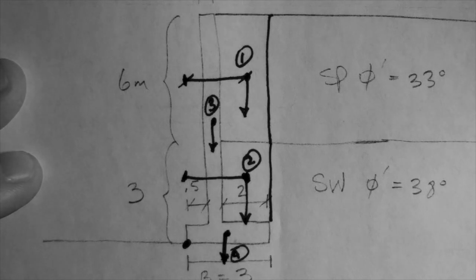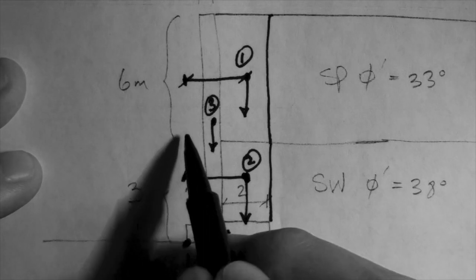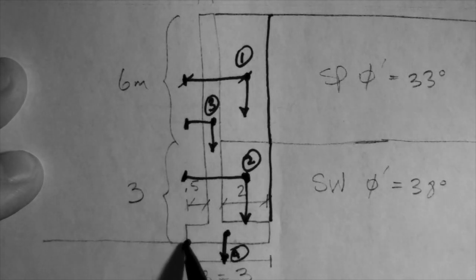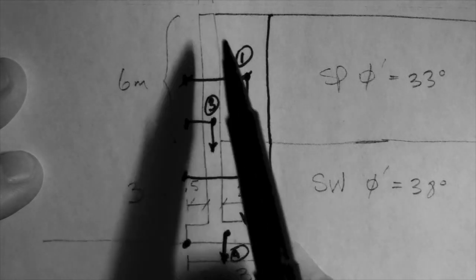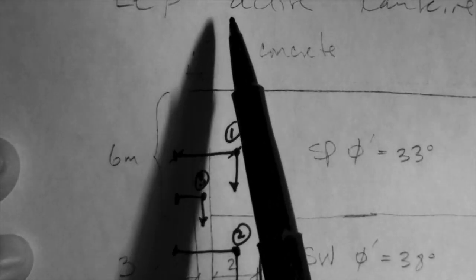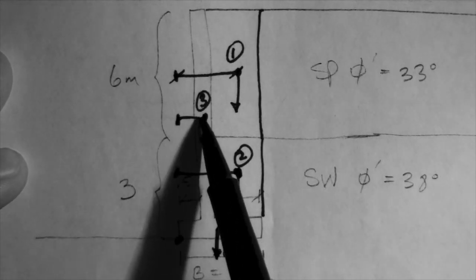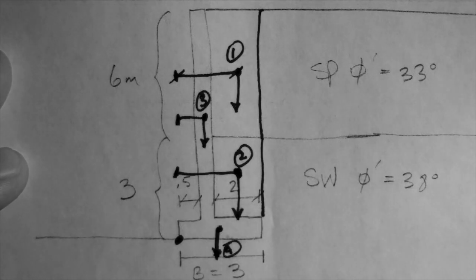Moment arm 3 corresponds to the stem. So the moment arm is from here to here, from this line where the point is to half of the stem. Half of the stem is 0.25. So it's 0.5 here, and half of the stem, from here to here, is 0.25 plus 0.5, which is 0.75 meters.